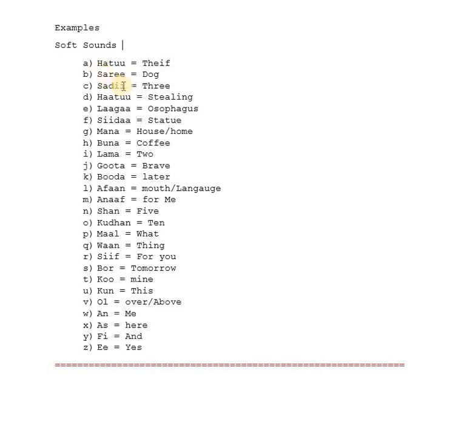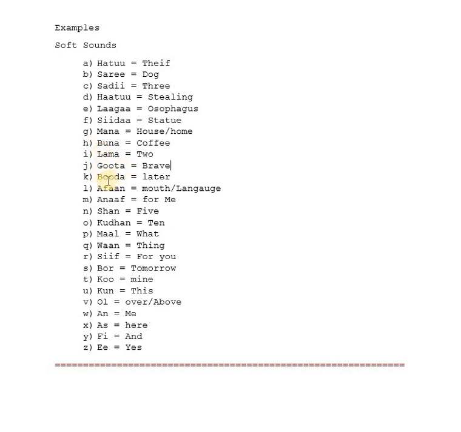If you can see, these three have the same structure, and these three have the same structure. That's just giving you examples of different soft words. Sida, mana, buna, lama. These also have the same structure.